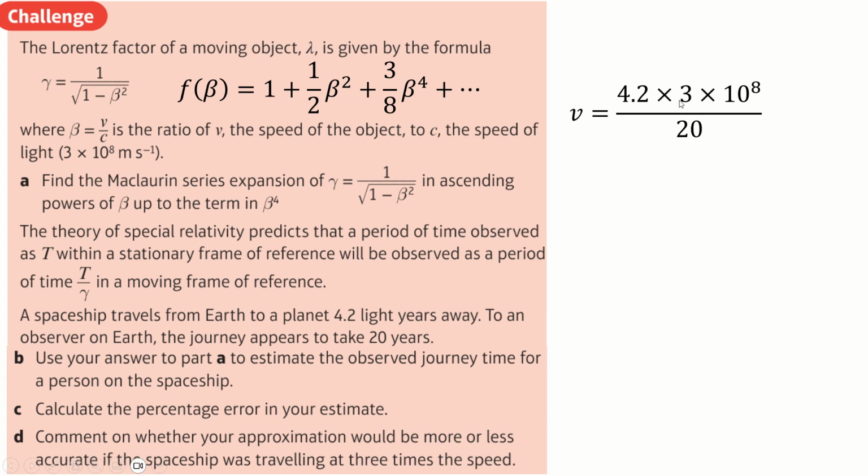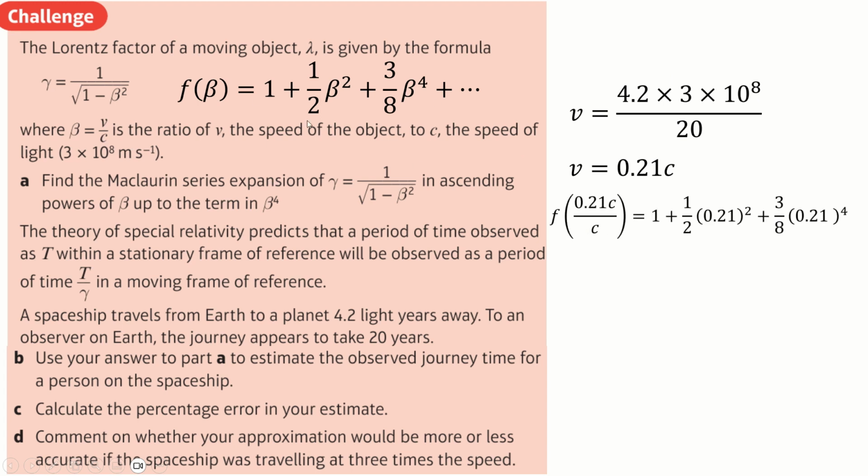Okay, I'll explain this. 4.2 times the speed of light is the distance, and speed equals distance over time. The time is 20 years. Oh, no, it's not wrong. It's fine. Sorry, this is fine. So v is 0.21 c. I've just written this as C, so that was what I was confused about for a second. Okay, cool. So if v is that, then when I divide that by c, I just get beta as 0.21.